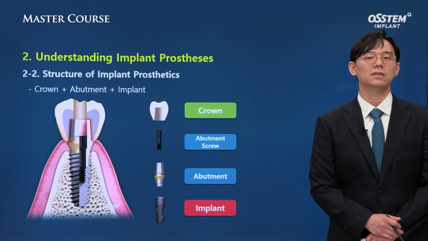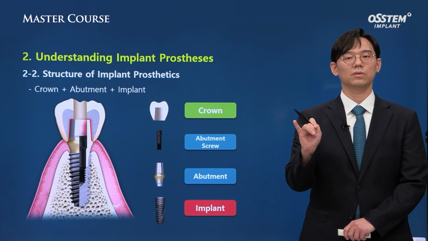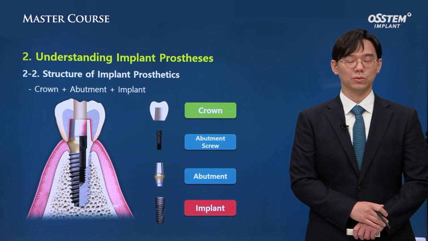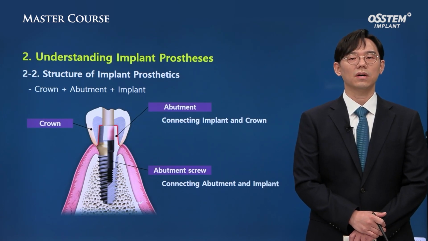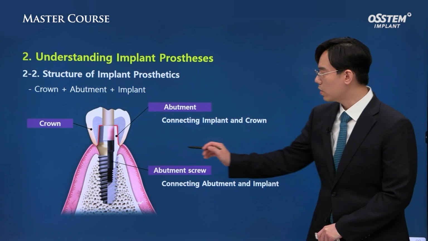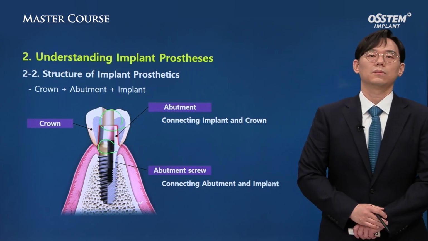In general, implant prosthesis can be divided into 4 components: implant, abutment, screw, and prosthesis. And the implant serves as the root of the tooth, and the abutment goes through the gingiva, and on top there is the final prosthesis.